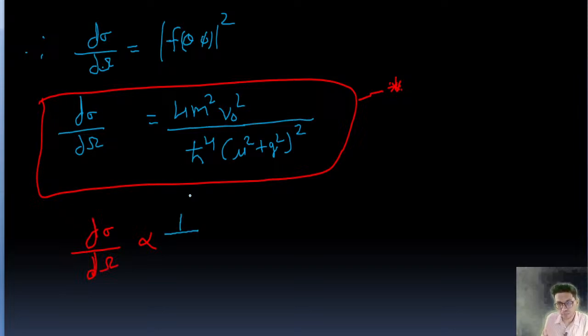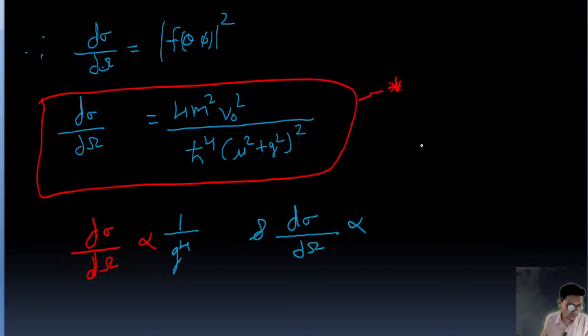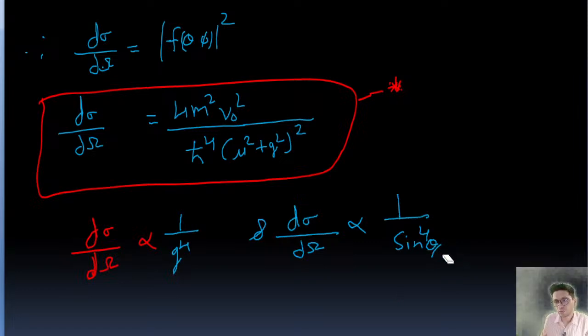And also d sigma upon d omega is proportional to 1 upon sine to the power 4 theta by 2.